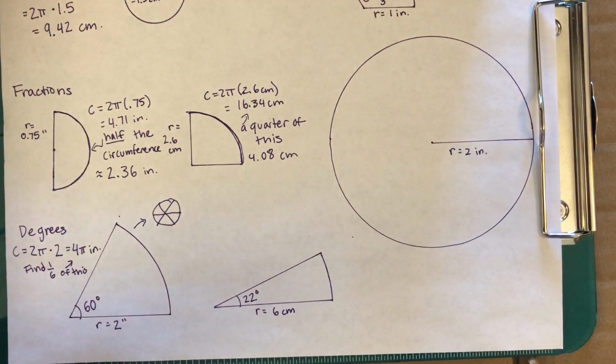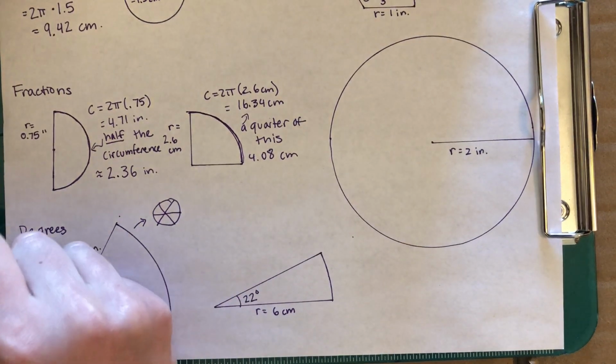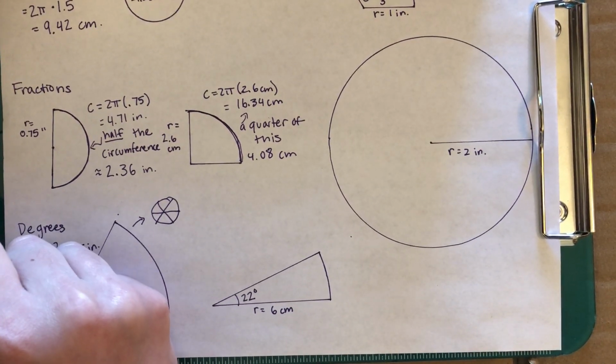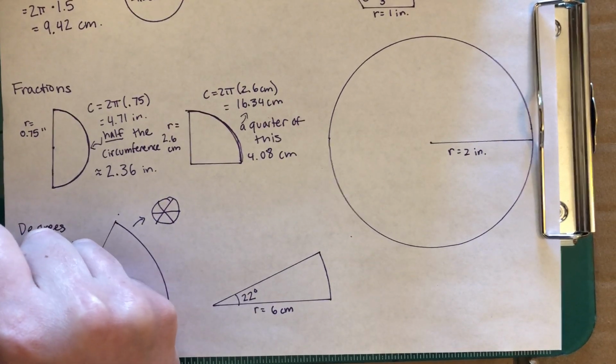But it would also be nice to be able to use angles like 22 degrees. And 22 degrees is not some simple, easy fraction of the circle. So if you want, you can think about this 1/6 as being the same as 60 degrees out of the 360 degrees.